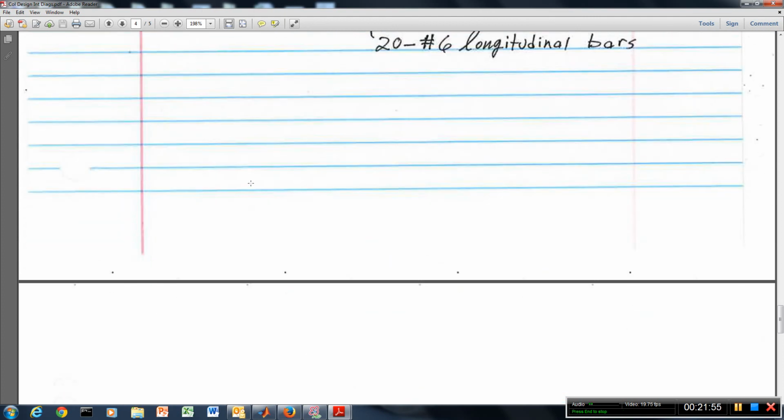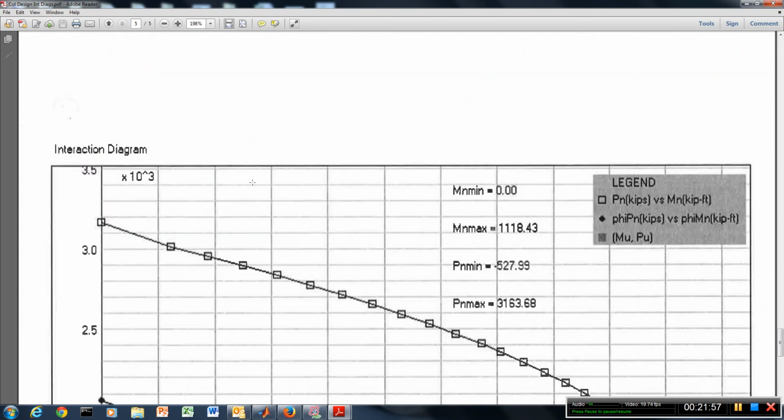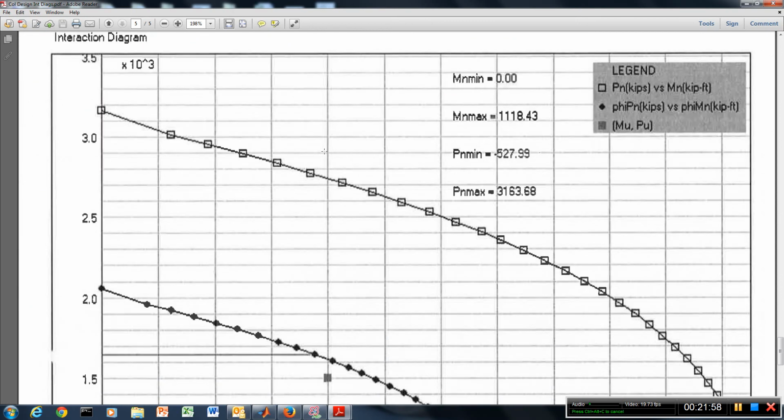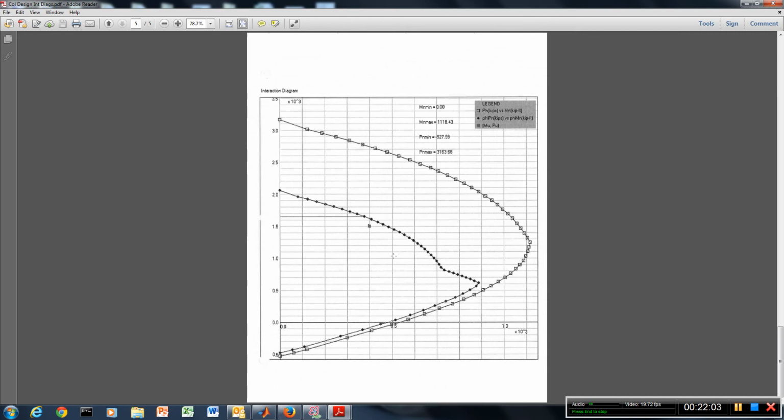The last thing that we can do to think about this problem is look at what would happen if we had used the reinforced concrete column computer program that I have designed and prepared for you.